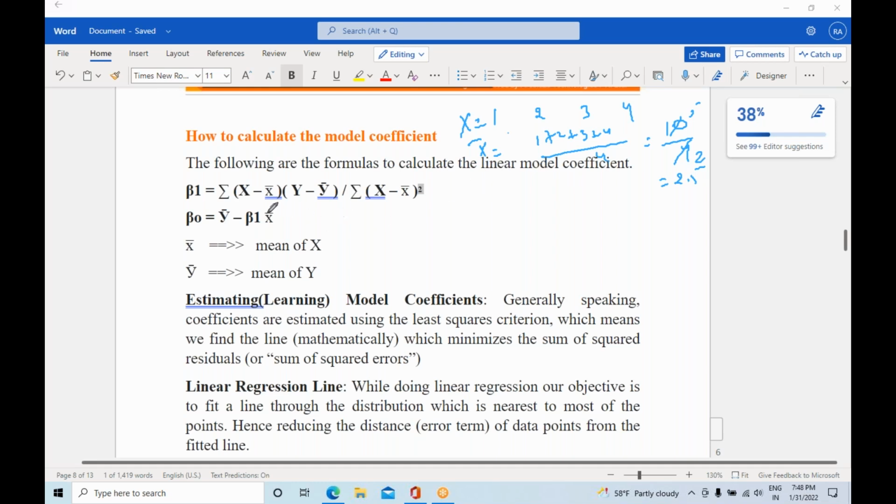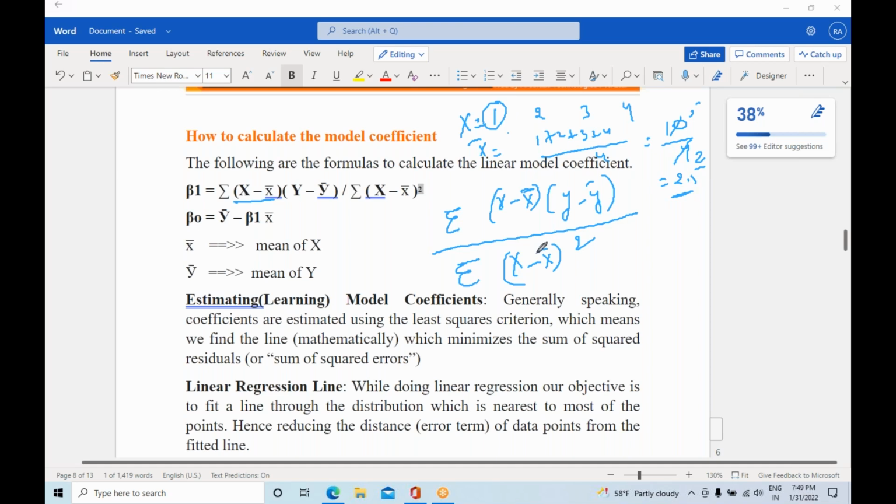Now I have to do the sum of (x minus x bar) into (y minus y bar), divided by the sum of (x minus x bar) whole square. So this is my formula. Here x means each and every data point. So x1 minus x bar, and what is x bar?